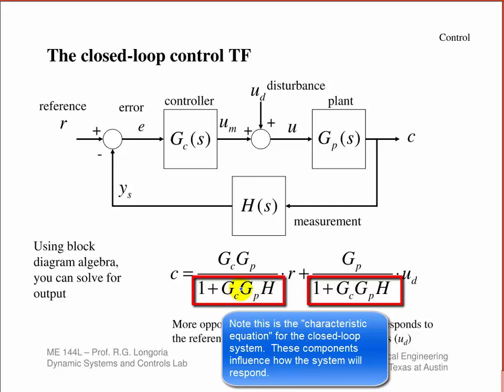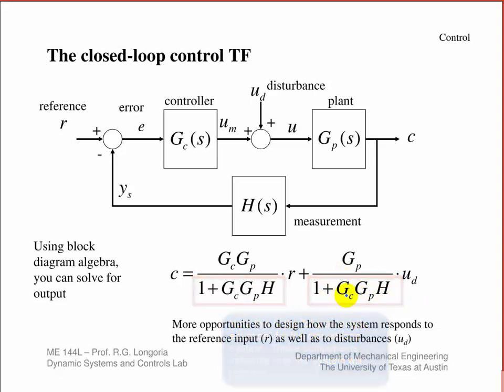If you know these, you can change them. Well, maybe you can't change the plant, but maybe you can change the controller, and that's the whole purpose of control design. So you have opportunities here, both in the controller and in the measurement, to change the overall performance of the system, which is determined by the denominator in this transfer function. And that's how control design works, is to find the right controller that gives you the performance characteristics that you want.